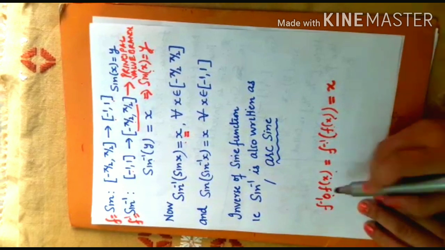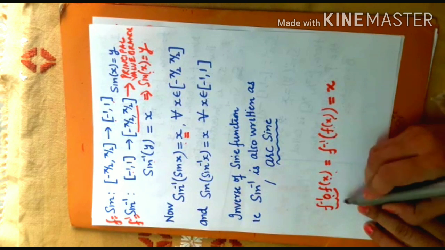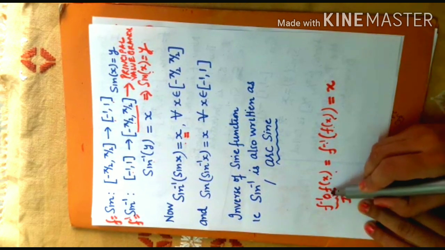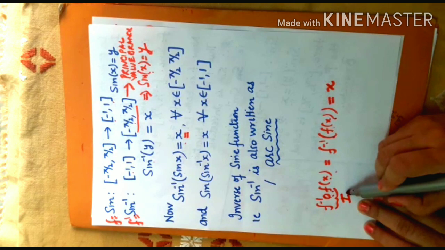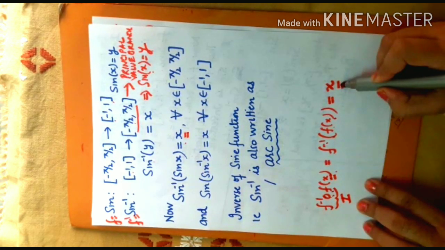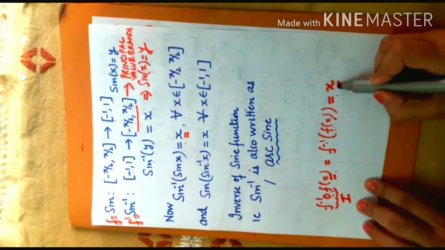We know that the composition of any function with its inverse is an identity function. So f inverse of f will be an identity function, and we know that under the identity function, image of x will be equal to x. So f inverse of f x will be equal to x.